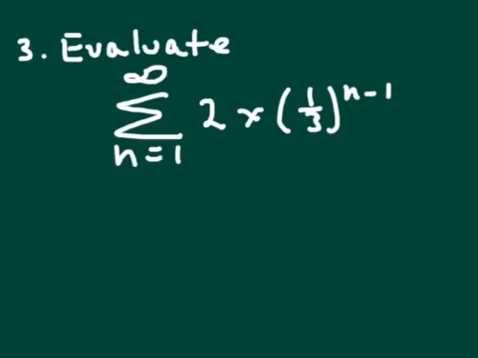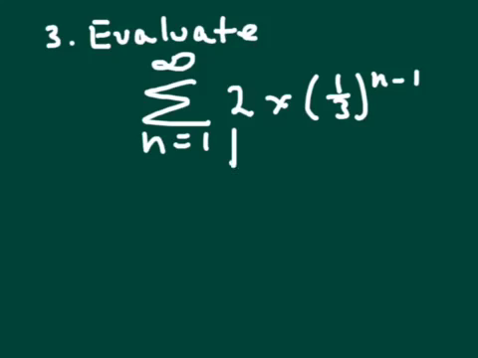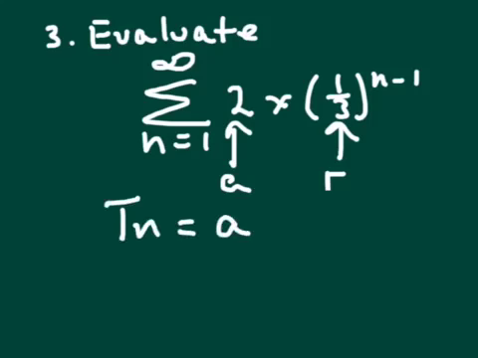Third example, we can use sigma notation to express a limiting sum type problem, and there's no great mysteries to it. This really is in the format such that you can say that the 2 there is equal to A, and your common ratio is sitting there in brackets. Remember a geometric series normally takes this form.